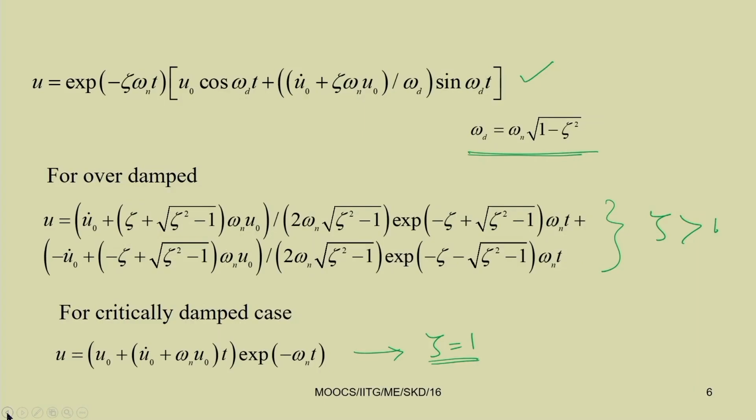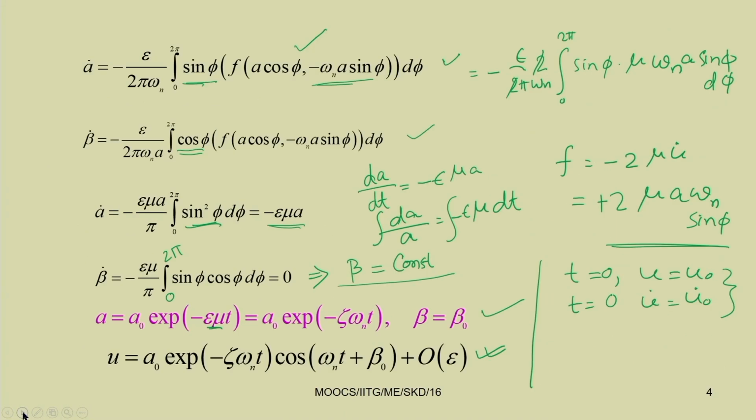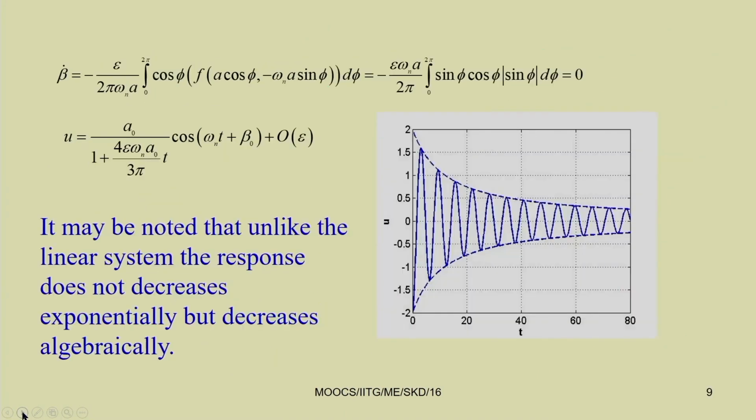Similarly, here we can take the solution to be u equal to a sin omega n t plus beta, then beta dot equal to cos phi into this term we can put. Then this integration becomes 0. So, we can find u equal to a 0 by 1 plus 4 epsilon omega n a 0 by 3 pi t.